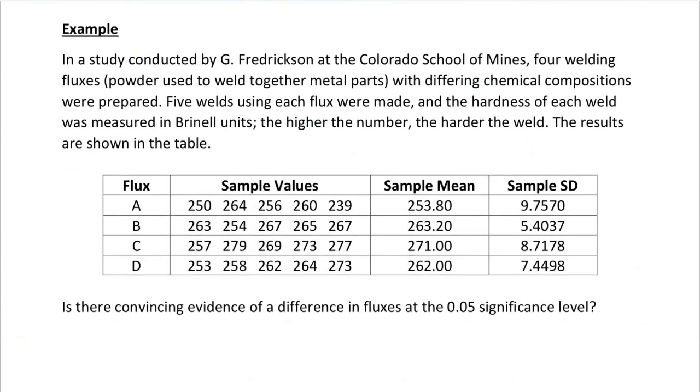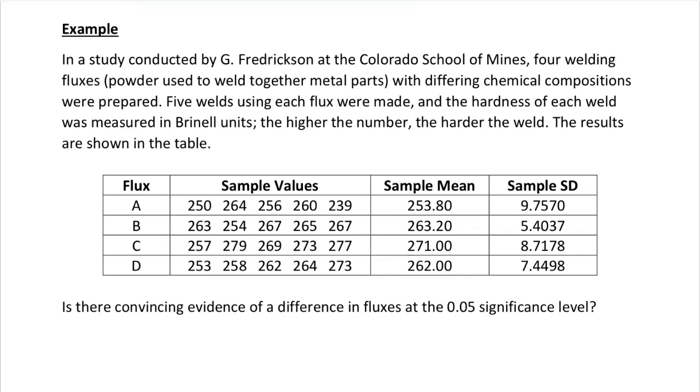In a study conducted by G. Fredrickson of the Colorado School of Mines, 4 welding fluxes, which is powder used to weld together metal parts, with differing chemical compositions were prepared. 5 welds using each flux were made, and the hardness of each weld was measured in Brinell units. The higher the number, the harder the weld. The results are shown. So we've got 4 different types of this powder and 5 samples for each.